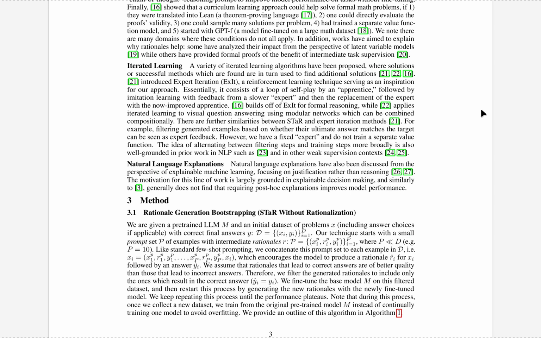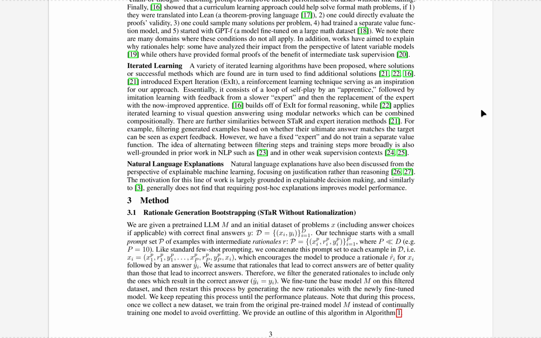A variety of iterated learning algorithms have been proposed, where solutions or successful methods which are found are in turn used to find additional solutions. One work introduced expert iteration, ExIt, a reinforcement learning technique serving as an inspiration for our approach.